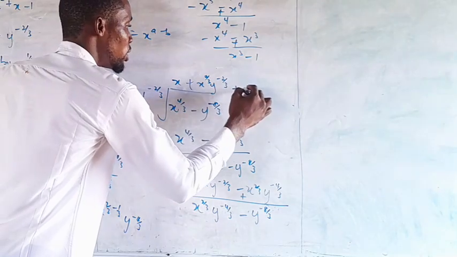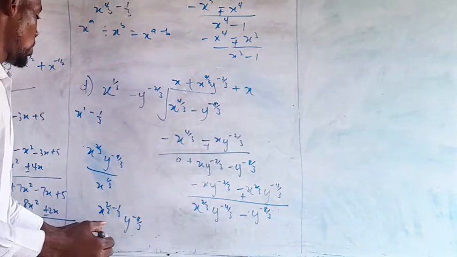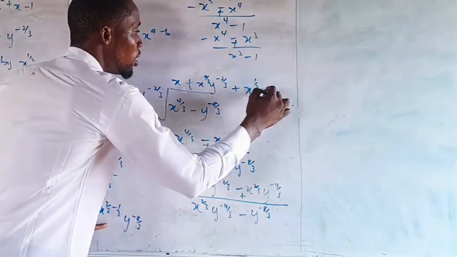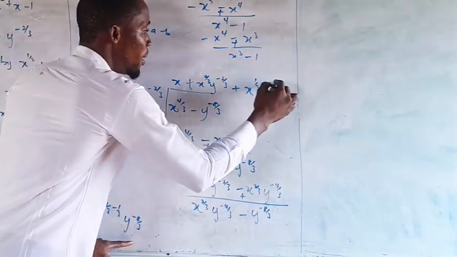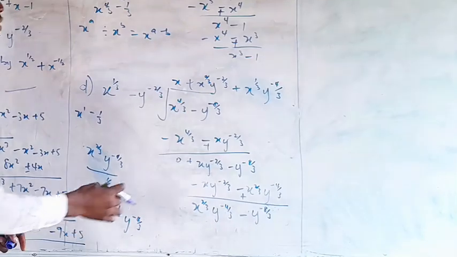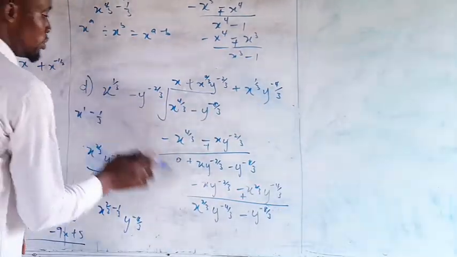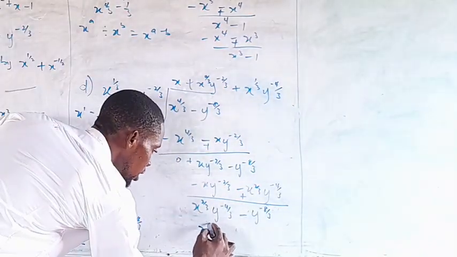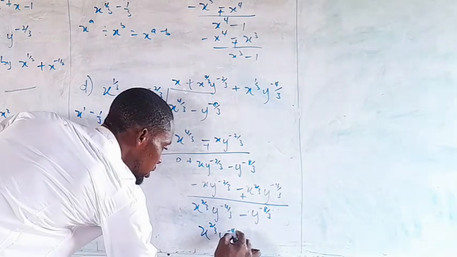So I'm going to have plus x^(1/3), y remains the same, minus 4/3. Now multiplying this by this remains this: x^(2/3) y^(-4/3).